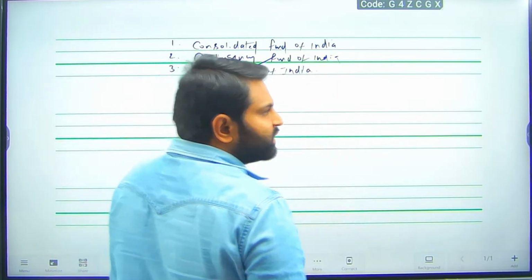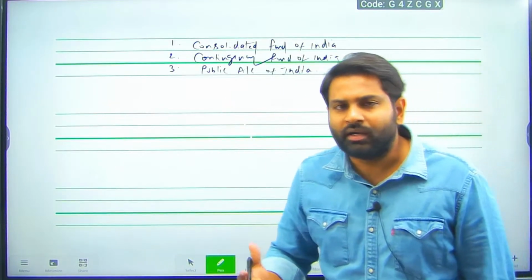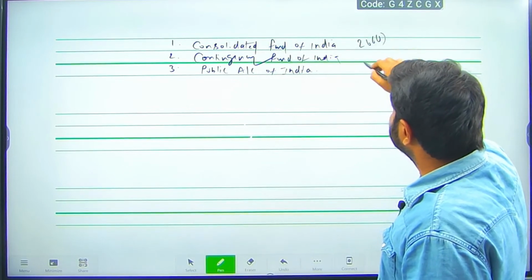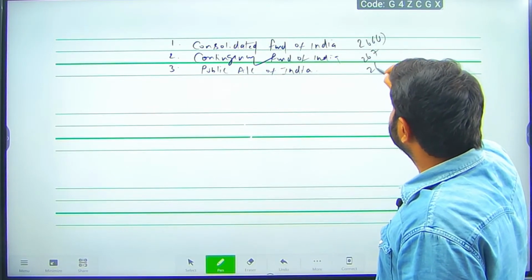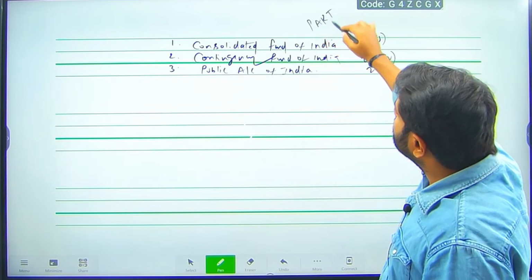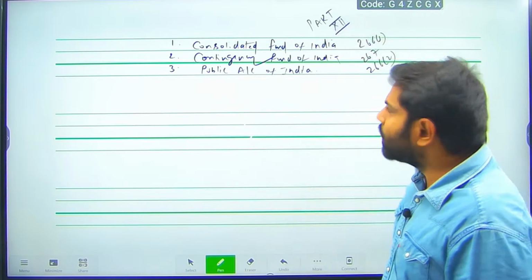Although I am mentioning it as India, even the state consolidated and contingency funds are also there in the same articles 266(1), 267, 266(2) of Part 12. So these are the accounts.